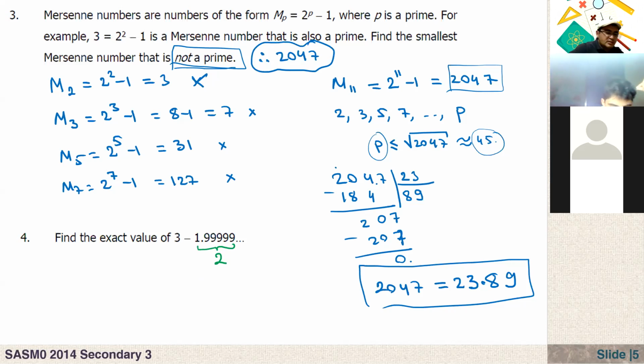How do we change this recurring number into a fraction? Nine divided by nine... I forgot this.